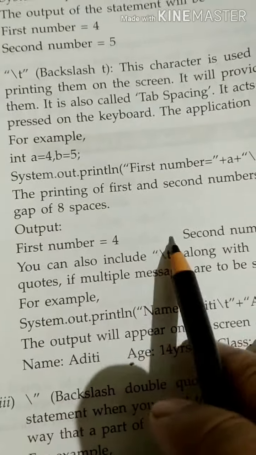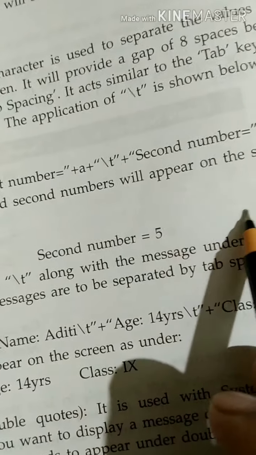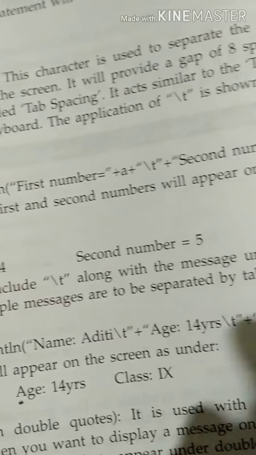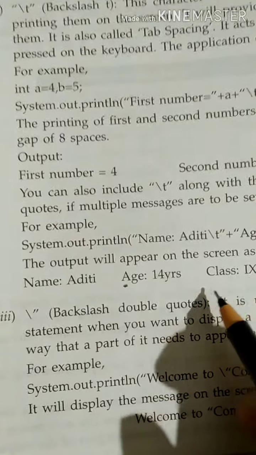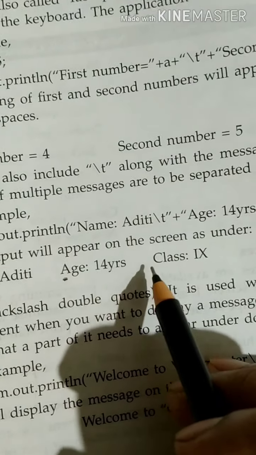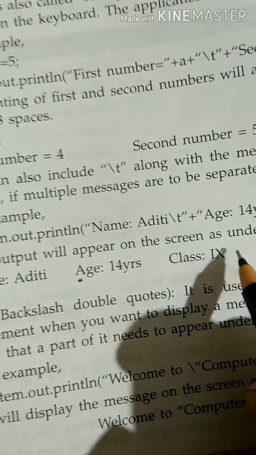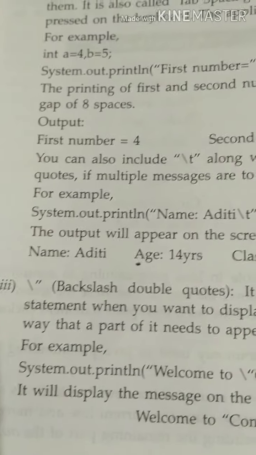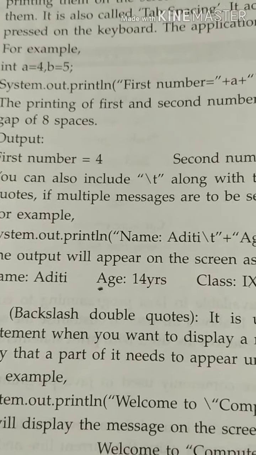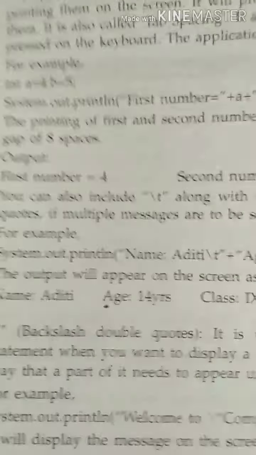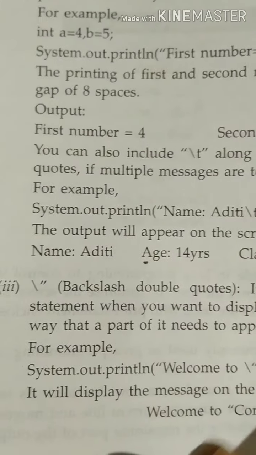So a third statement you can also print after one tab space if you like. Here also like this, Aditi, tab space, age 14 years, tab space, class 9, backslash t. I hope you are understanding. Backslash t we use to give one tab space between two words and two lines.